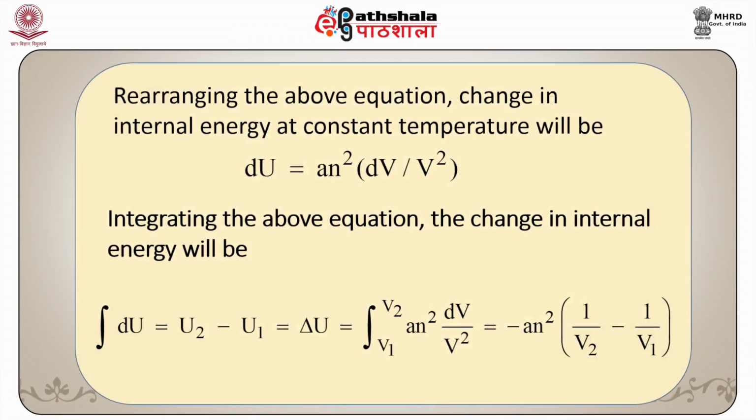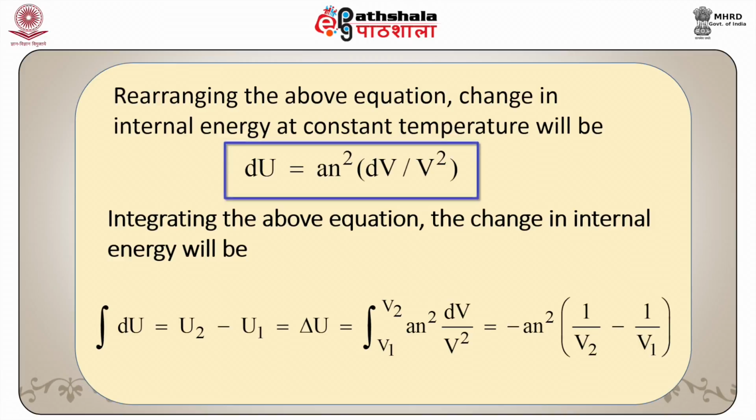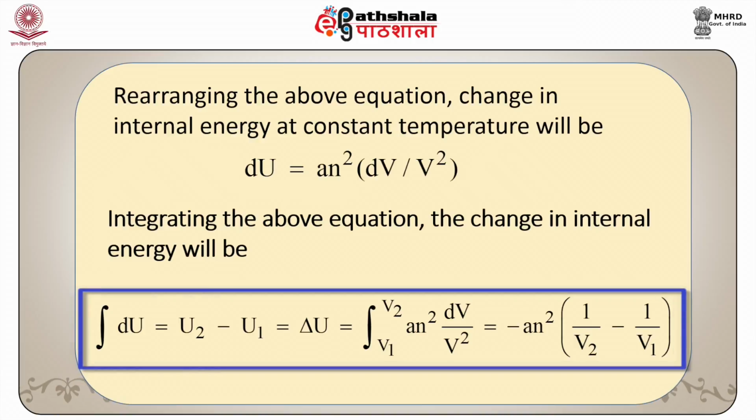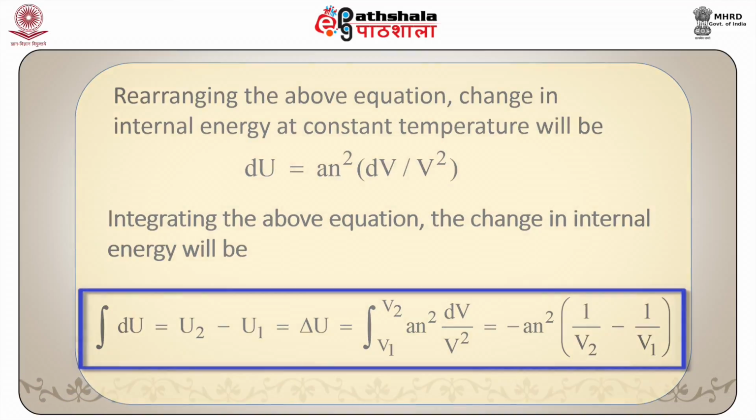Rearranging the above equation, the change in internal energy at constant temperature will be dU = an² dV/V². Integrating the above equation, the change in internal energy, the integral of dU is equal to U2 minus U1, equal to delta U, is equal to the integral of an² dV/V² from V1 to V2 limits, which is equal to minus an² times (1/V2 − 1/V1).